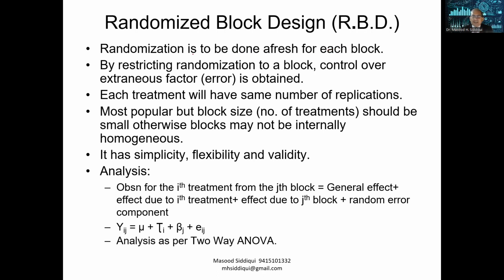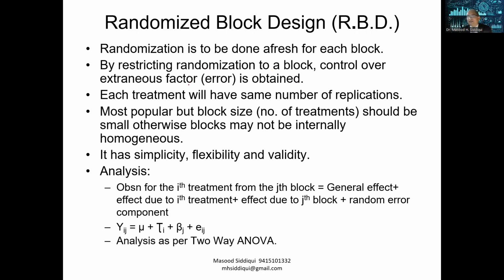So by restricting the randomization to a block, not allowing it over the whole field, we achieve control over the extraneous factor, or the error is being controlled. In this way we are having an impact on the extraneous factor.